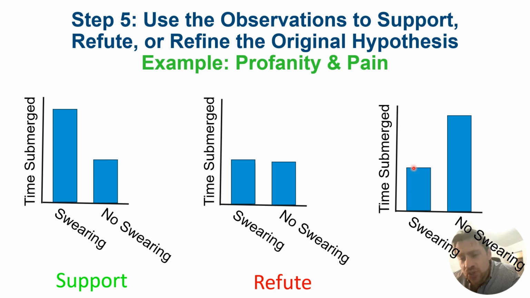So this would suggest that yes, there is a relationship between pain and profanity, but that relationship is opposite of what we predicted. We predicted that profanity should raise your pain tolerance, and here we find that it actually lowers the pain tolerance, again, in this hypothetical outcome. And so if we were to find this pattern of results, we would likely want to maybe refine our hypothesis in light of these findings and test the new version of this hypothesis.